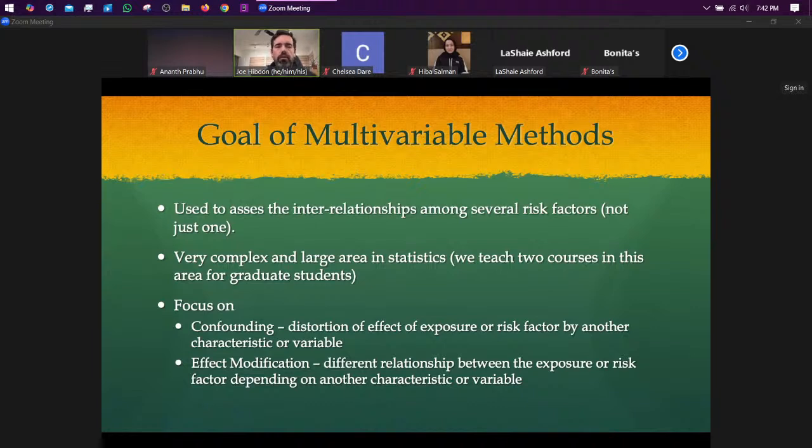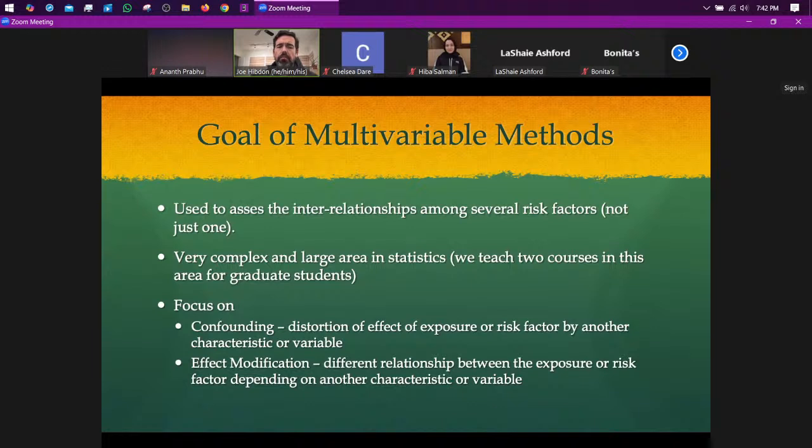So our goal here is to focus on confounding variables. Is it distorting the effect, right? Are certain other life decisions distorting the effect, that I smoked till the age of 100 and I didn't get lung cancer? Or is something else going on?